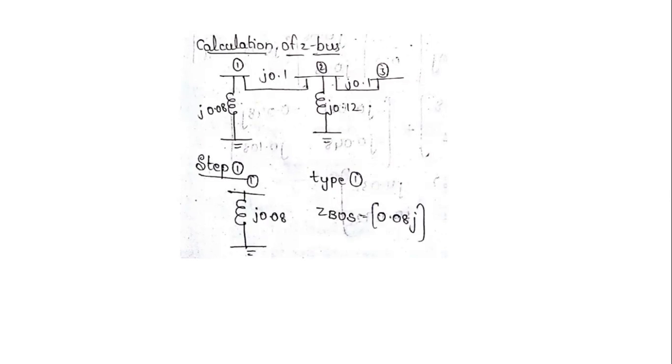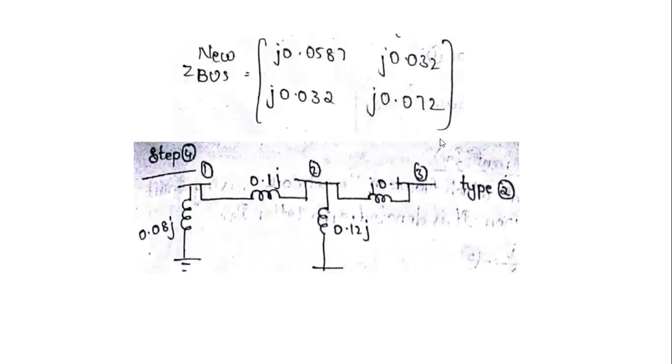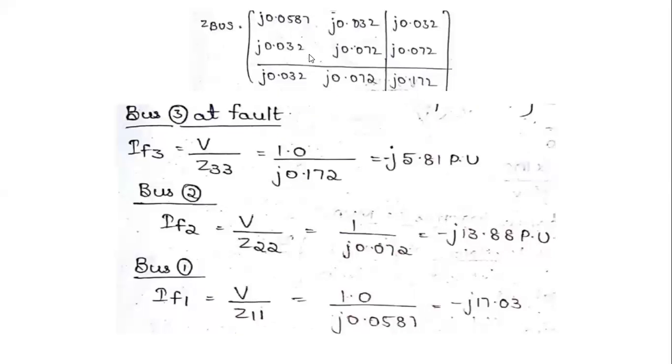It is a very important problem for the formation of the Z bus matrix. Using the same procedure, we form the Z bus matrix, and after forming it, we calculate the fault currents. This is the final Z bus matrix.